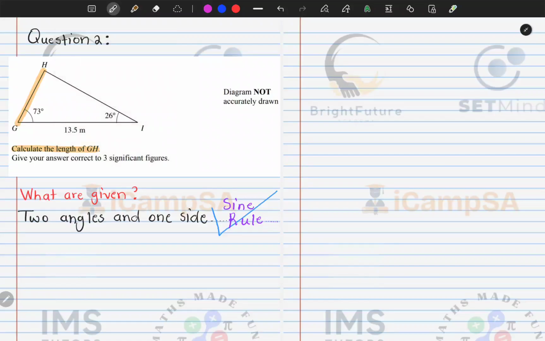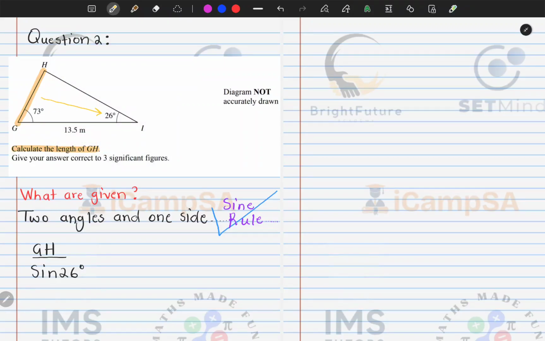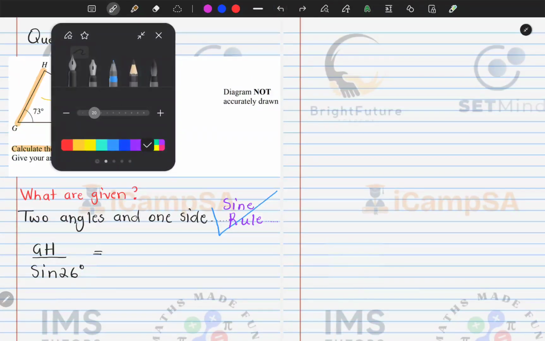The first thing we need to do is put our sides proportionally. We're looking for the length of GH, so I'm going to say GH divided by, because if I'm looking at GH, I should always divide it by sine of the angle opposite GH. So I'm going to divide it by sine of 26 degrees. That is what should be there. Then I put in another side in proportion. Let's take this one, maybe let's make it blue.